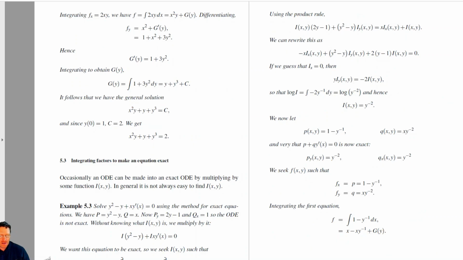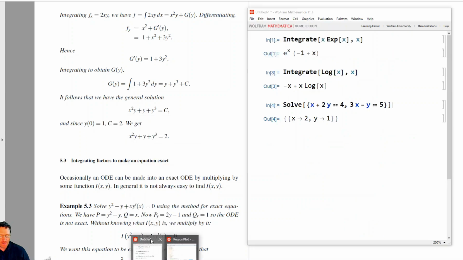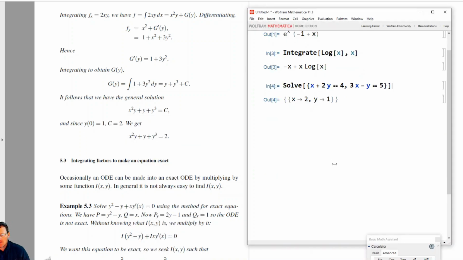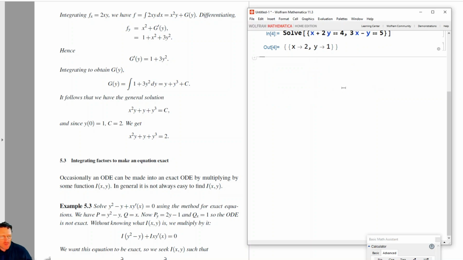Okay, so I'll just pull up a little window here. And where was the equation?